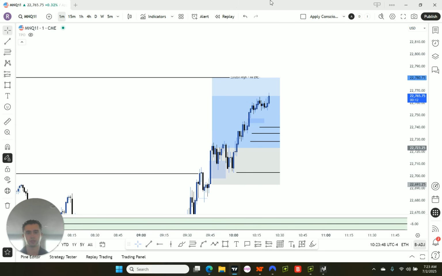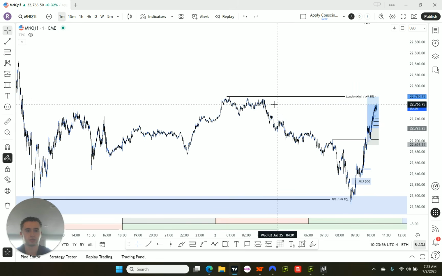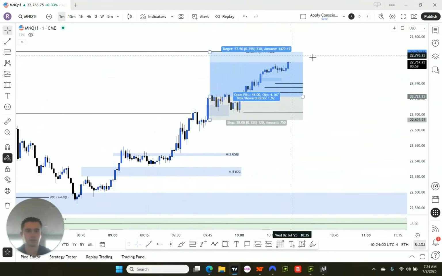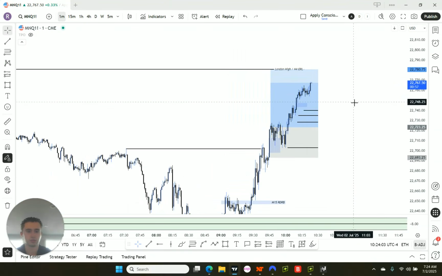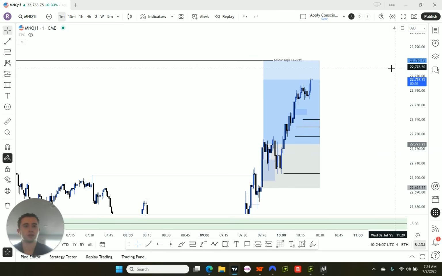It's getting through a lot of resistance. If you look left, there's a lot of resistance. A lot of resistance. It's a beautiful candle. Come on, NASDAQ. Come on, NASDAQ. Ugh.